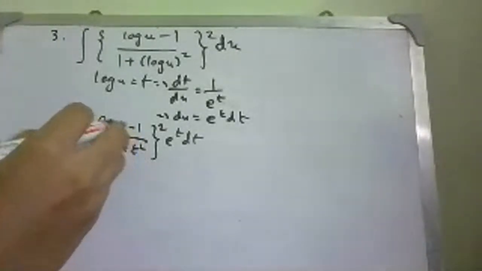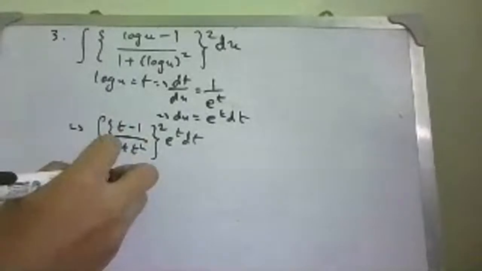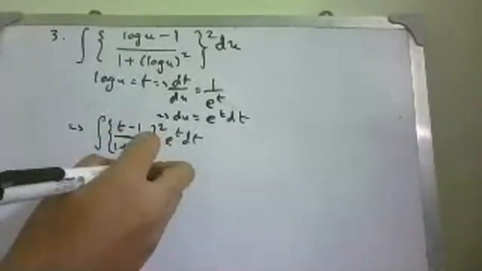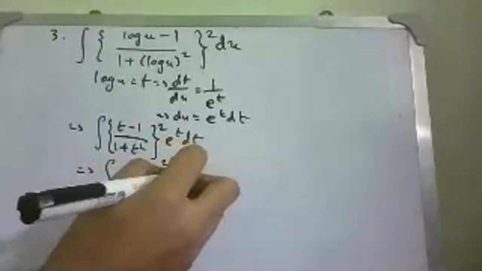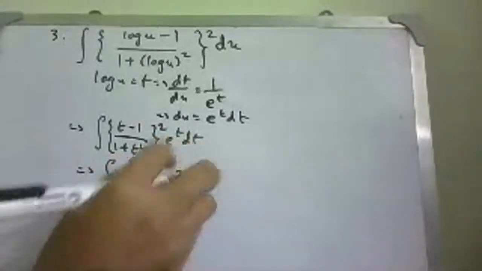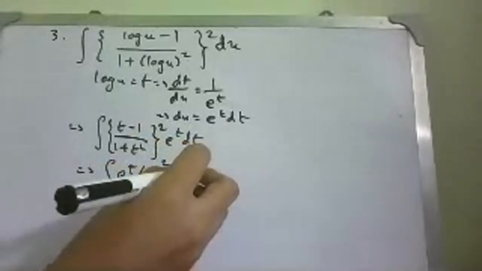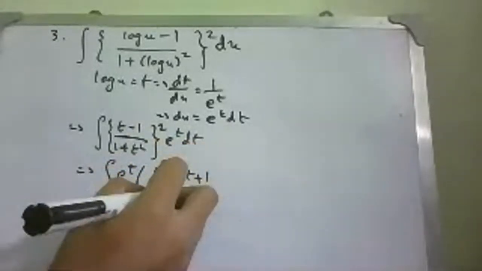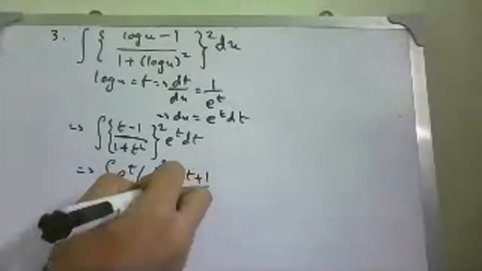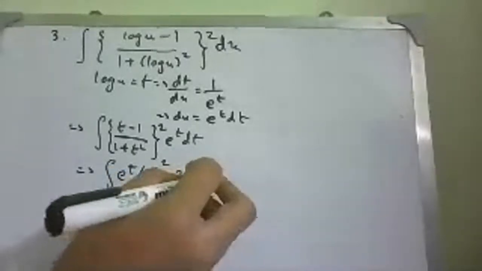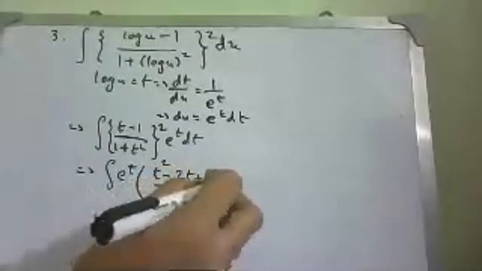So if we expand this, we have t squared plus 2t minus 2t plus 1 over 1 plus t squared whole squared dt.